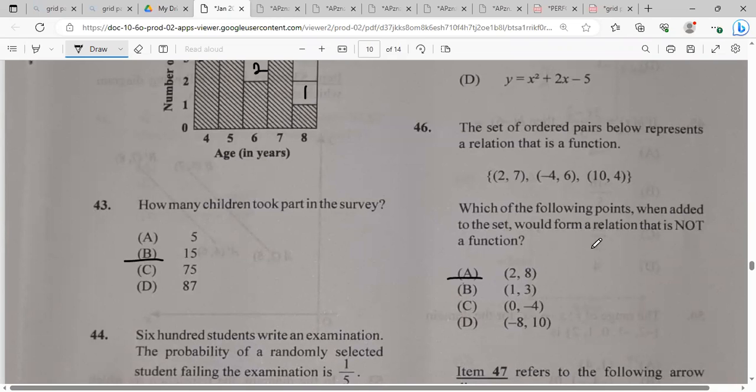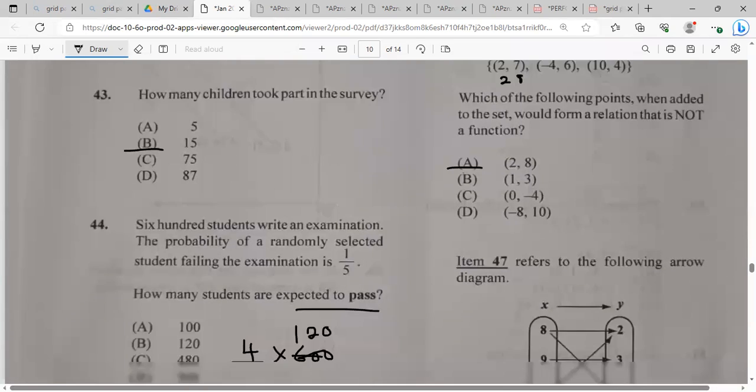All right, let me give the explanation. The x can only go to 1 y, so you can have 2 and 8. So you can have 1 x, which is the 2, go to 1 y. Notice the others, you don't have the other numbers there in terms of... Let's go.